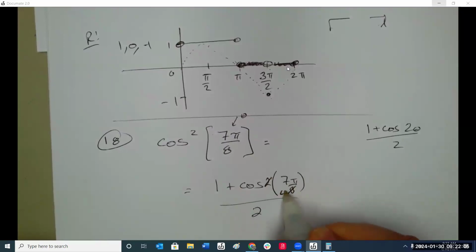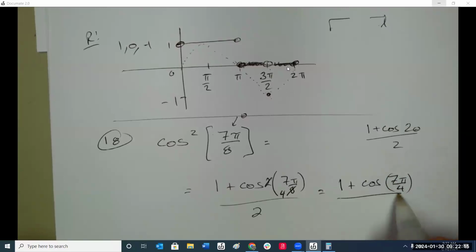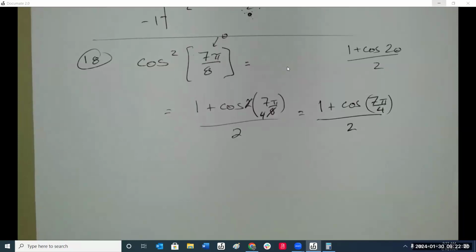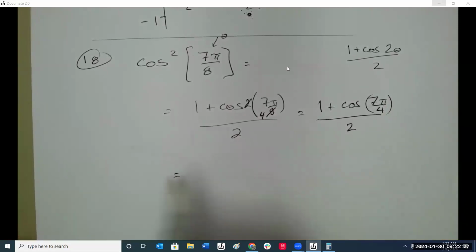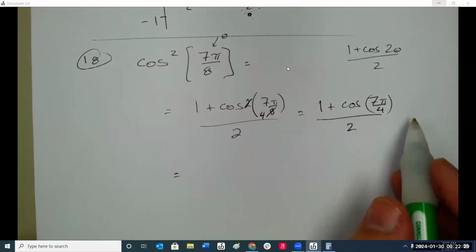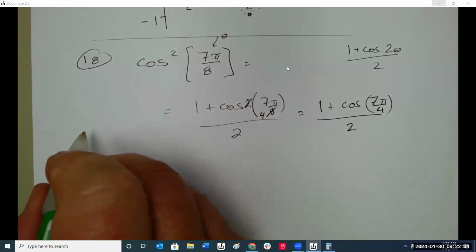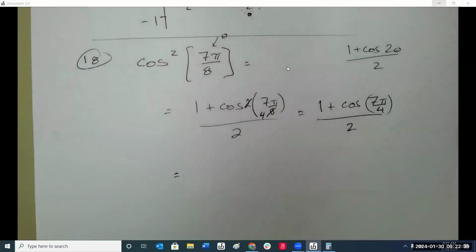So that's 1 plus cosine 7 pi over 4. And what is 7 pi over 4? That's the same thing as negative 1 pi over 4.